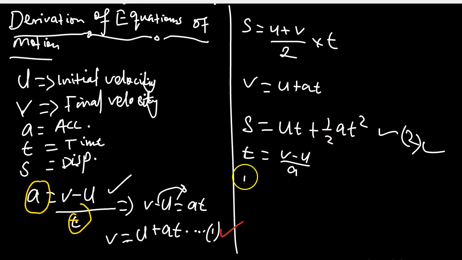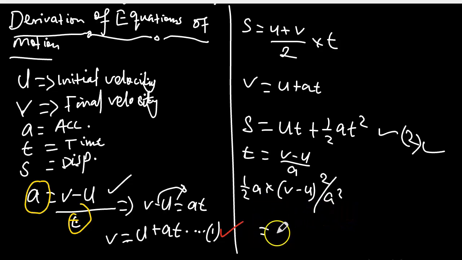So we are going to have a half a multiplied by v minus u, squared, divided by a squared, so I will simply get v minus u squared over 2a.